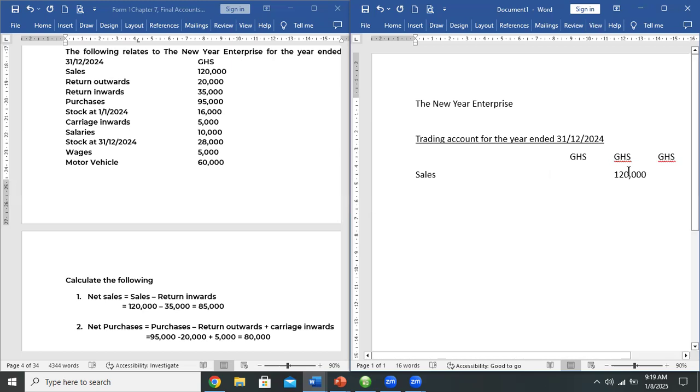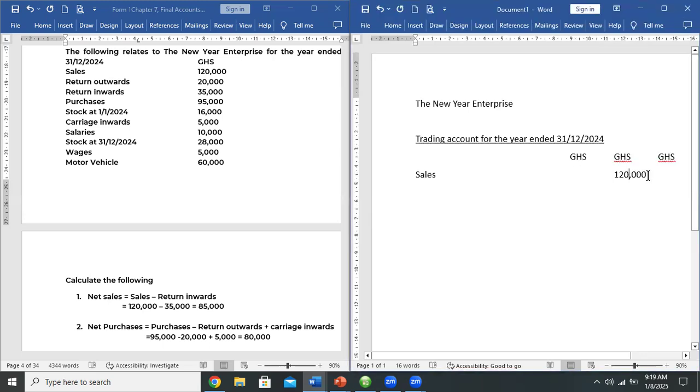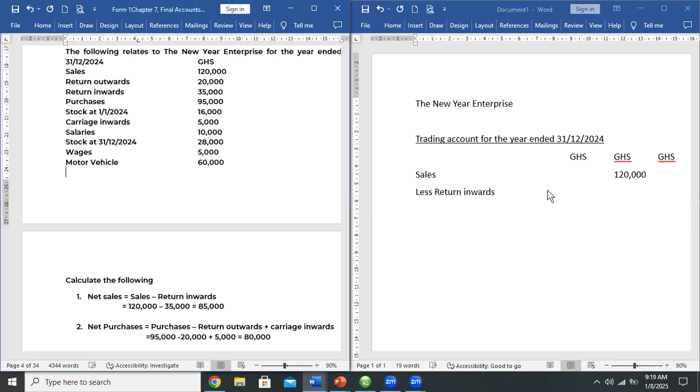Then we continue to say less return inwards. And when you say less here, it means you are subtracting, right? So we go and pick our return inwards, which we know to be 35,000.